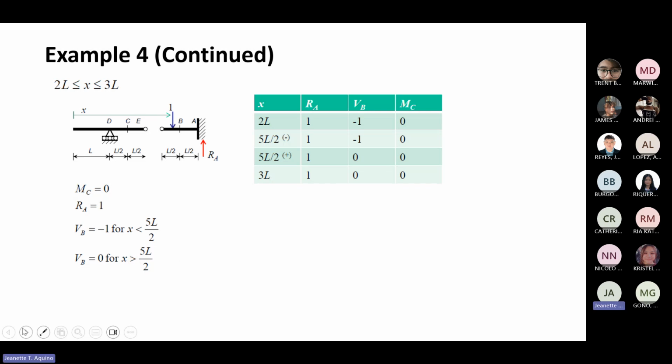Okay. So, application of the influence line.